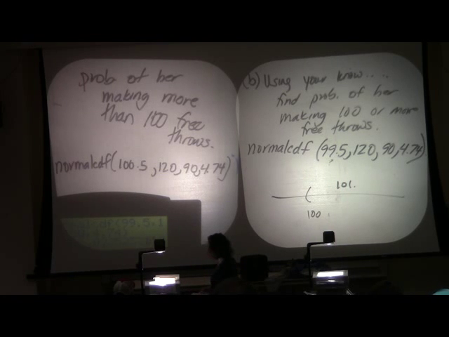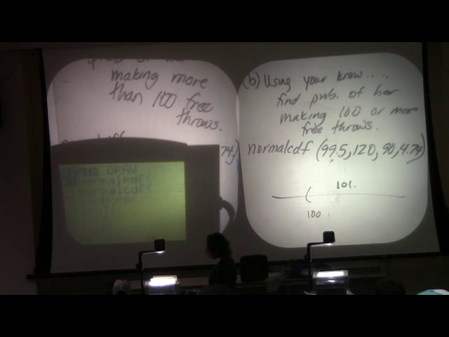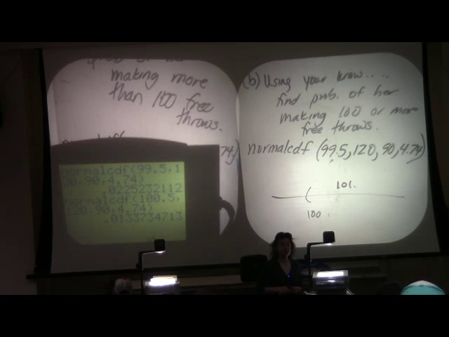Let's compute it just to see. And what do we have? 100.5, 120, 90, 4.74. Let's see the difference it makes. See, it makes a slight difference, but not a huge one. I guess my point is read carefully, words are important.